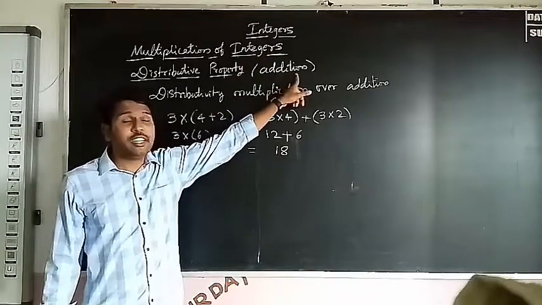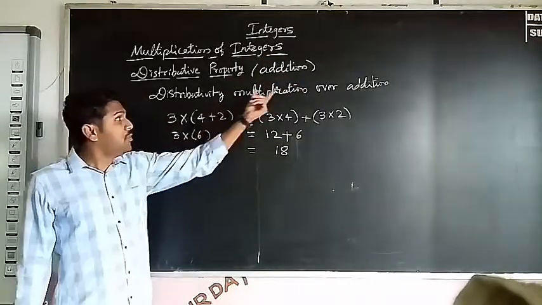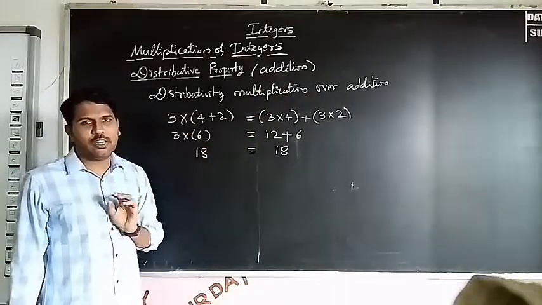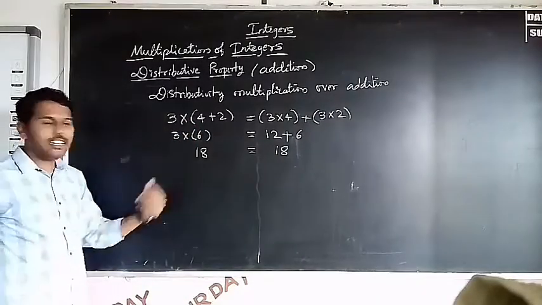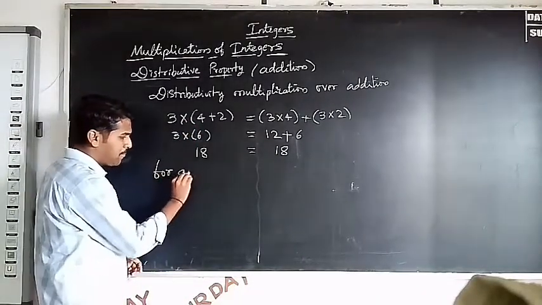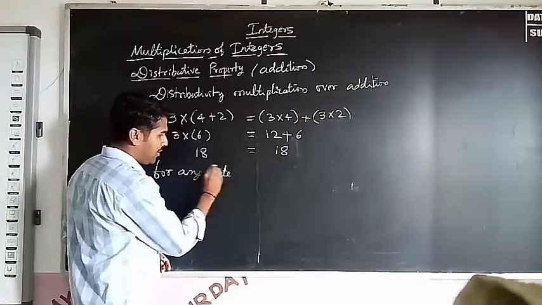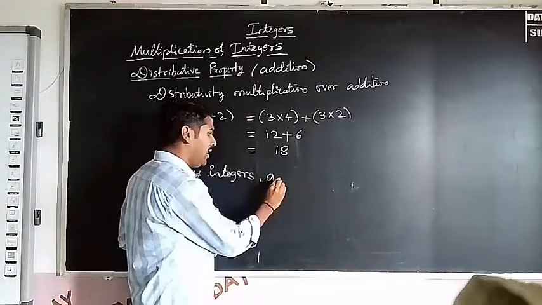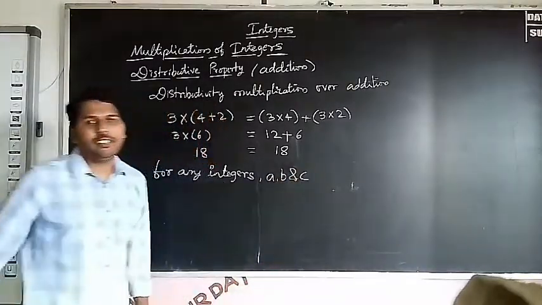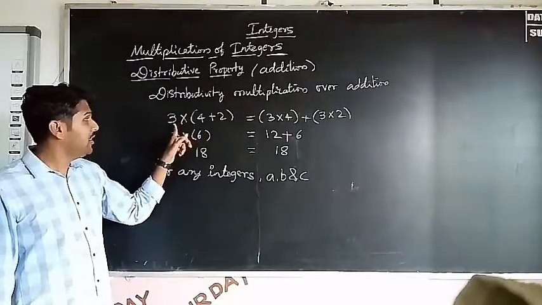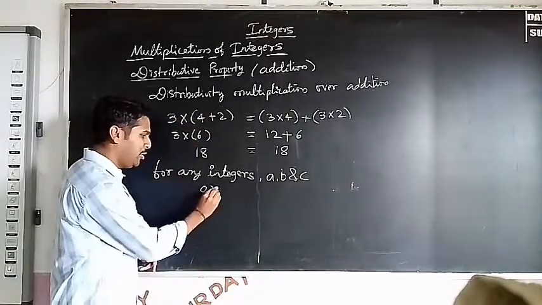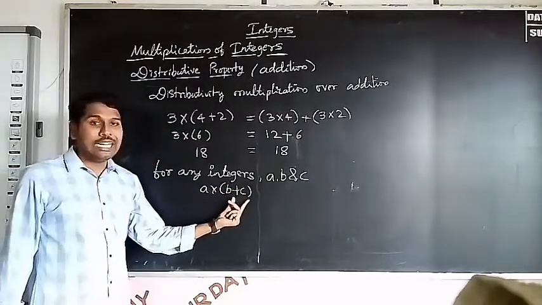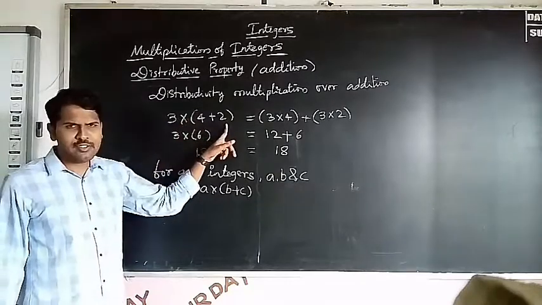This is for addition. Addition sign is there, no. If you take the subtraction, just remove this addition sign and put the subtraction sign. Okay. So how to write this one in general? For any integers, take any three integers a, b and c. Like this. Here 3 is there, no. Take a into bracket b plus c. Here a, b, c are integers. Here also 3, 4, 2 are integers, no. Like that.